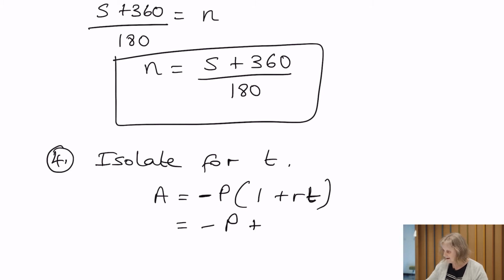So ultimately that's going to be a negative. So we can just put that negative in there. So negative p times positive rt is going to give us negative prt, and then we've still got a on this side. Okay, so now we want to isolate t again.